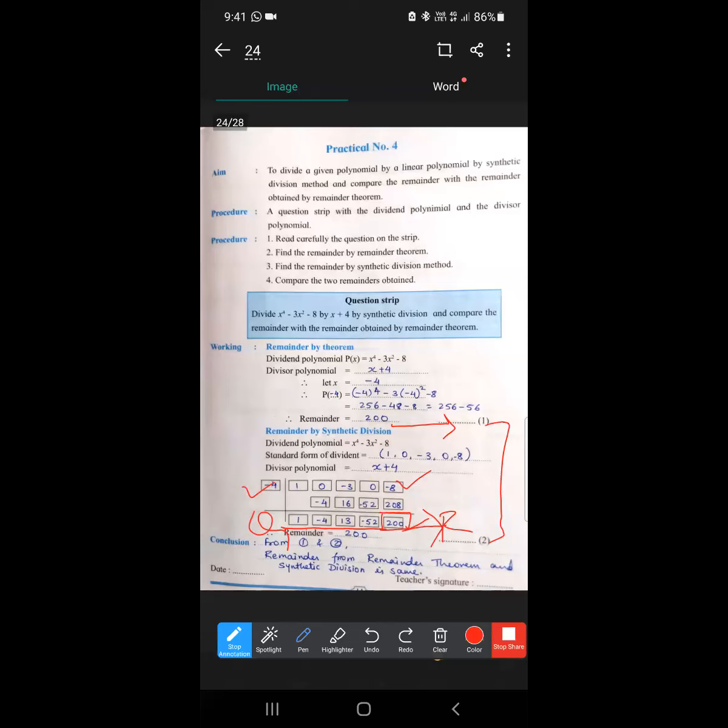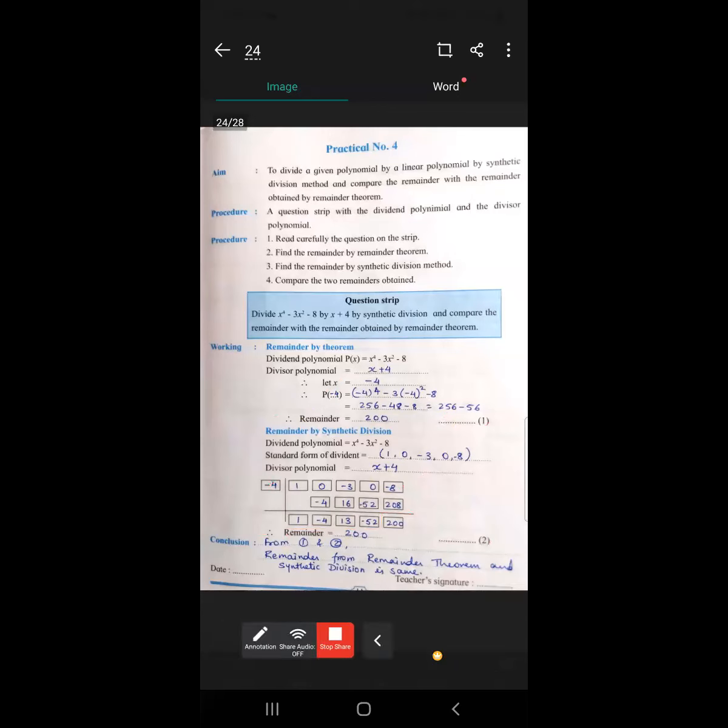So the remainder from the remainder theorem and synthetic division are what? Same. That is the conclusion of the practical. I hope that this practical is clear. That is practical number 4.